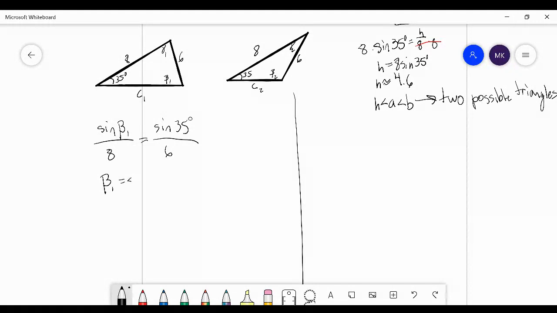Skipping some steps, multiplying by 8, then taking the inverse sine of both sides, beta 1 is equal to the inverse sine of 8 times sine of 35 degrees all over 6. So beta 1 is approximately equal to 49.9 degrees.